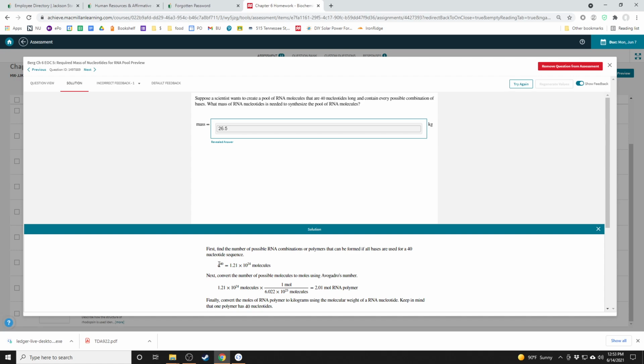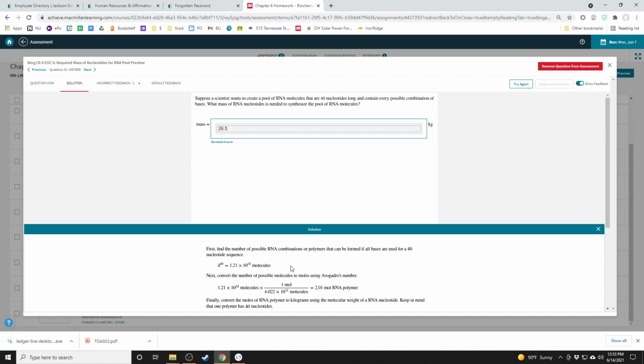That would give you the total number of molecules you would need to make every combination that is 40 nucleotides long, and that is 1.21 times 10 to the 24th molecules.